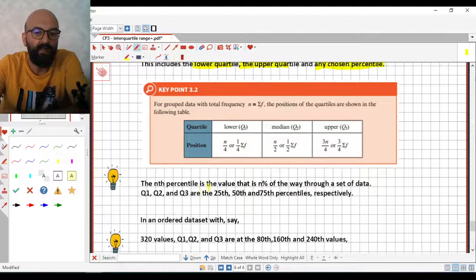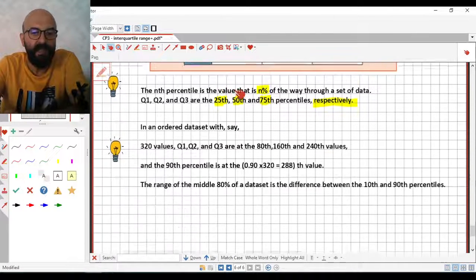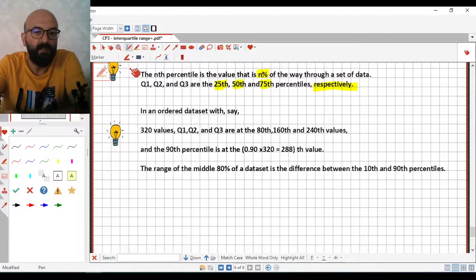The nth percentile is the value that is n percent of the way through a set of data. Q1, Q2, and Q3 are the 25th, 50th, and 75th percentiles respectively.